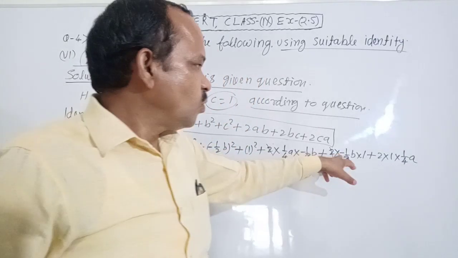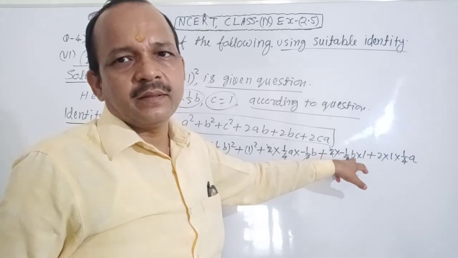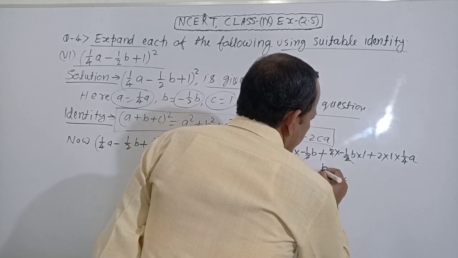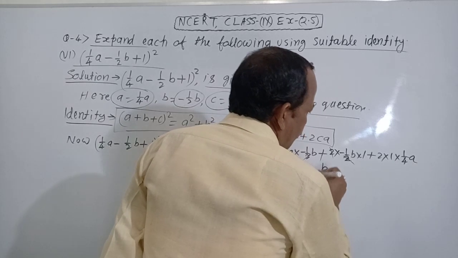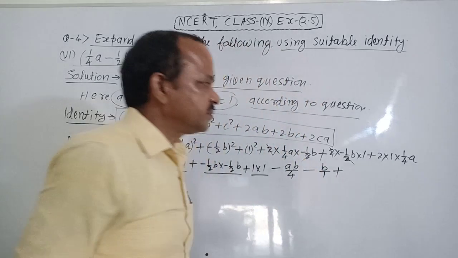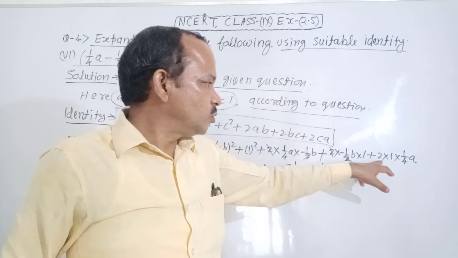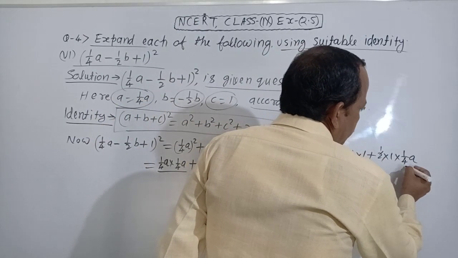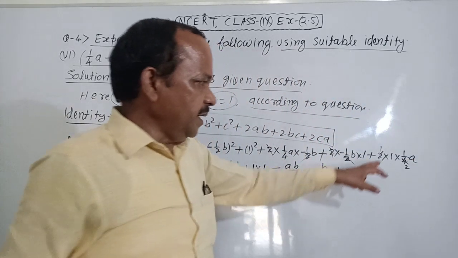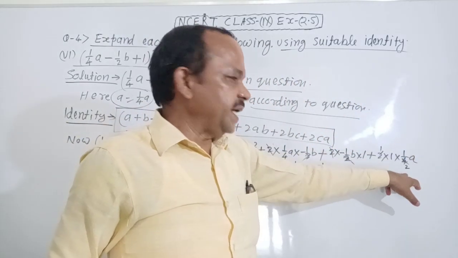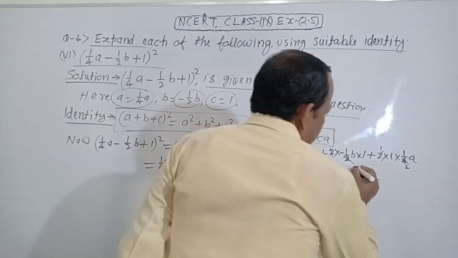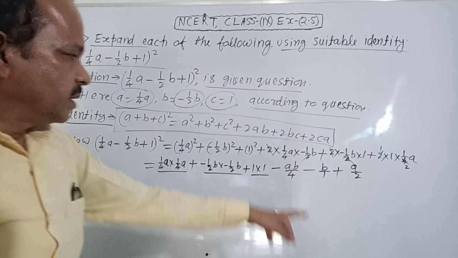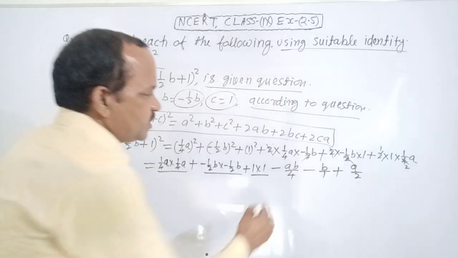Minus 1 times b means minus b by 1 plus. Here you can cut 2: 2 1s are 2, 2 2s are 4. It becomes a by 2 plus a by 2. Is it clear? No confusion about it?